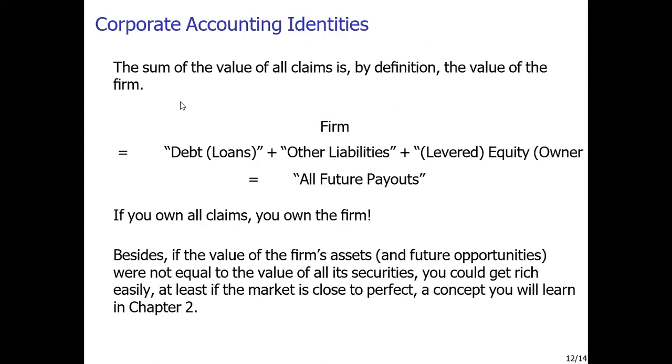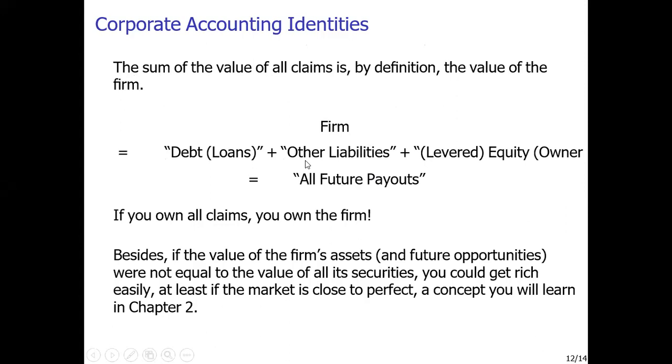Here, the sum of the value of all claims is by definition the value of the firm. Firm equals debt, loans, plus other liabilities, plus the levered equity owner, which equals all future payouts.